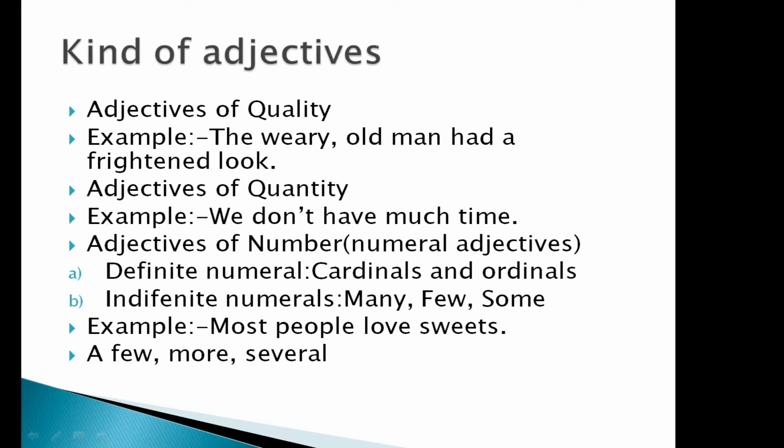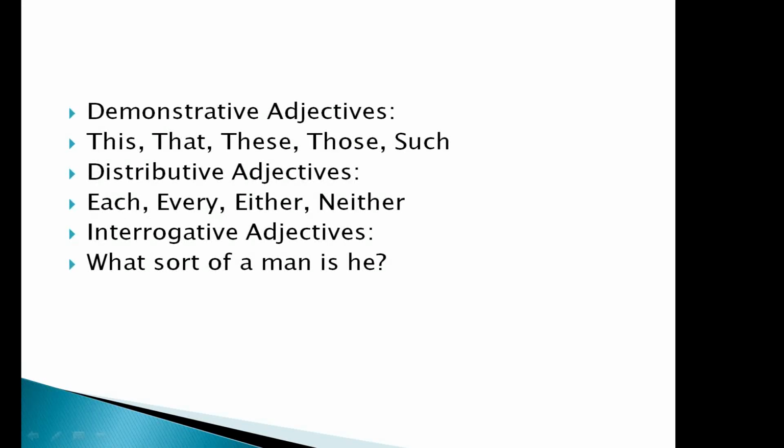The next type of adjective is demonstrative adjectives. Demonstrative adjectives point out which person or thing is referred to, like this room, these grapes, those pictures, such questions. Another type of adjective is distributive adjectives. We can say, for example, each, every, either, neither. These are the examples of distributive adjectives.